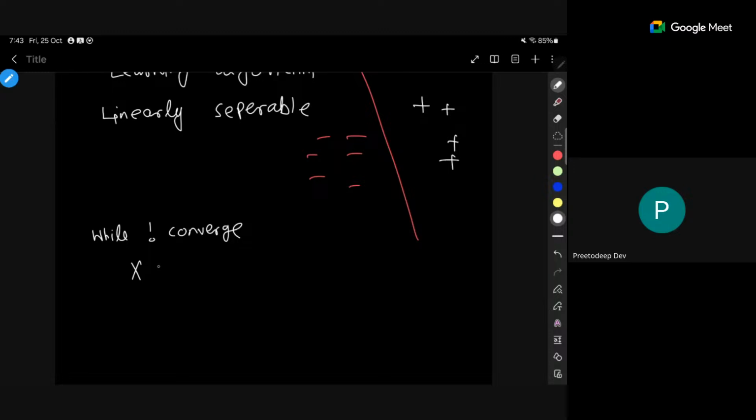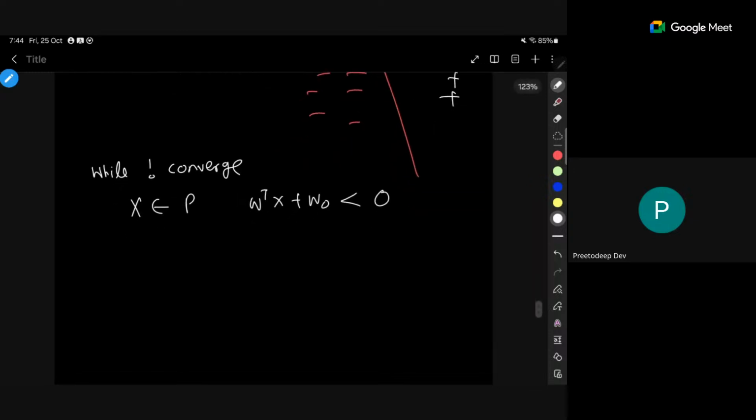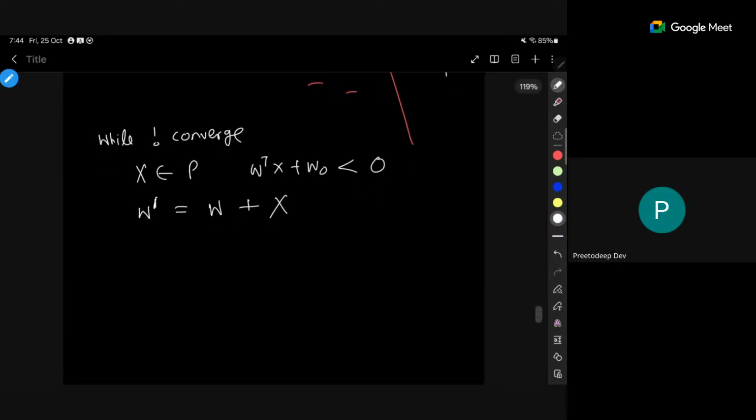If it belongs to the positive class, but the summation W transpose x plus W naught is less than 0, then we update our W. We can initialize W to anything, but then we update it. So W dash is going to be W plus this point x; whatever point is there, we add that.